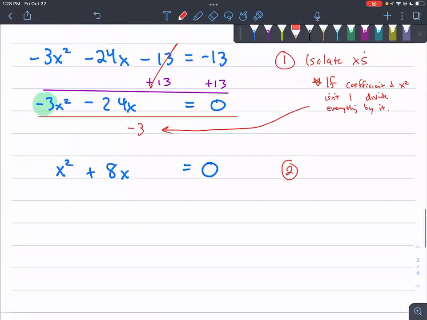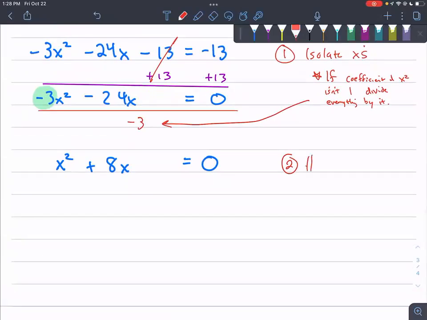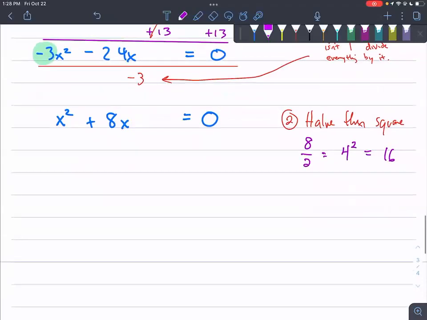Okay, so we isolated the x's. Then we're going to have them square, so 8 over 2 is 4. Then we're going to square it, 16. So I'm gonna skip that step here.